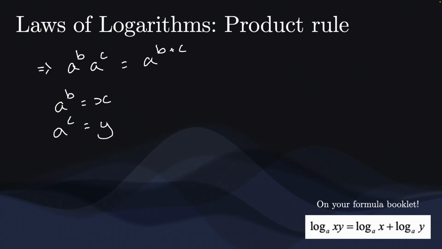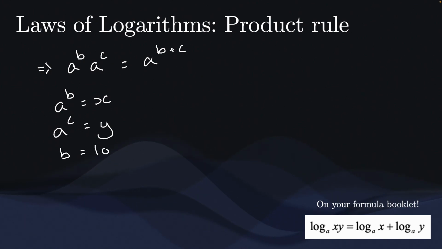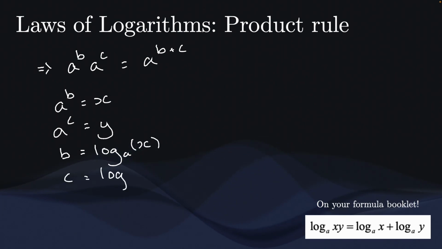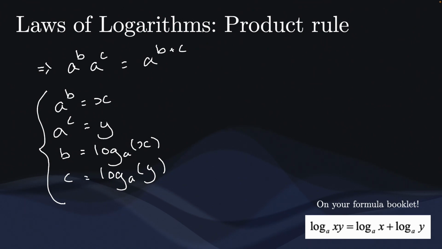And therefore, using the definition of a log, we can say that b is equal to log base a of x, and c is equal to log base a of y. And now using this, we can find this rule, because a to the b times a to the c is just x times y, right?